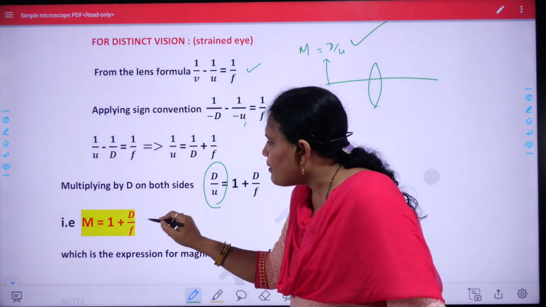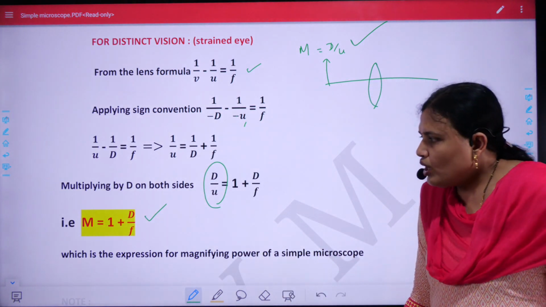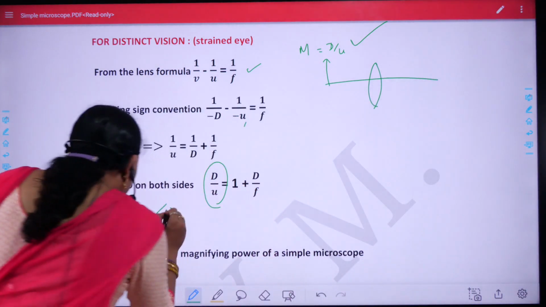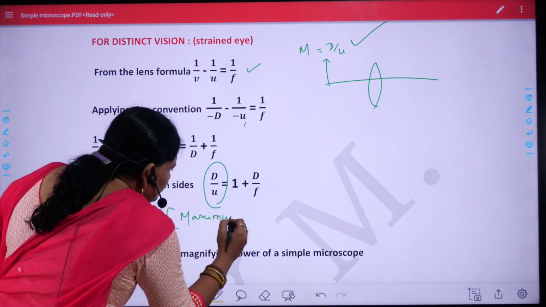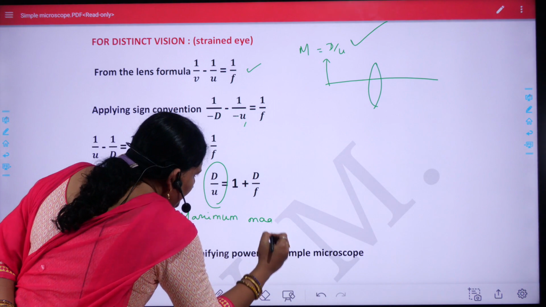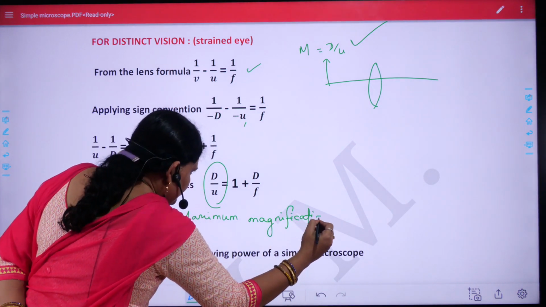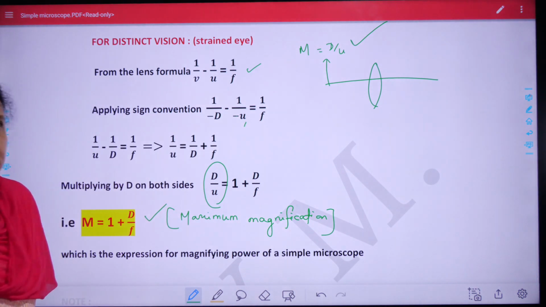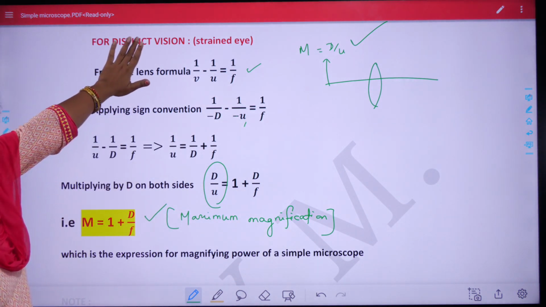So magnifying power is 1 plus d by f. So here we will get the maximum magnification. This is for the distinct vision.